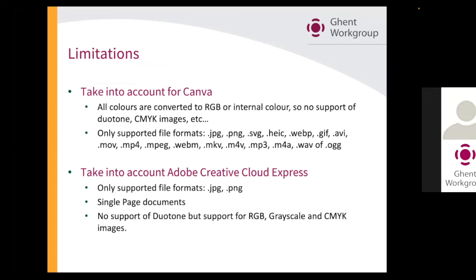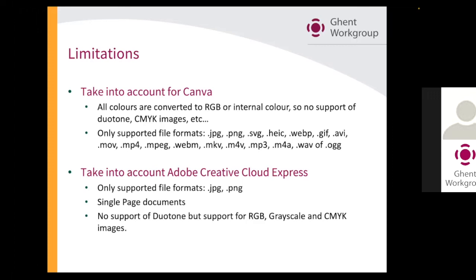Now we're talking about limitations of the software itself. First of all, you have to know that every image which I load, place, or use in Canva is automatically converted to RGB. So even if you use CMYK images, special colors such as duotone or Pantone colors, or brand colors, everything is converted to RGB.